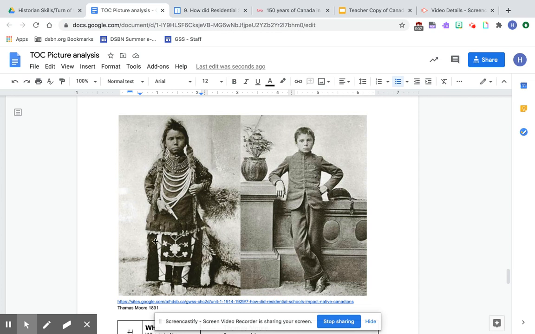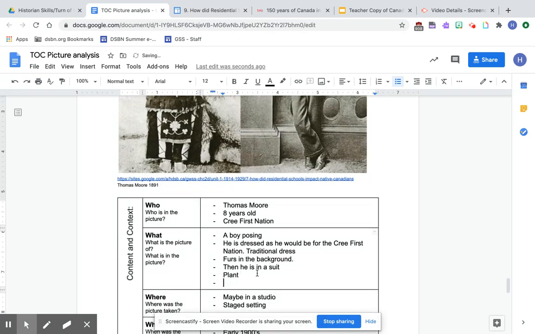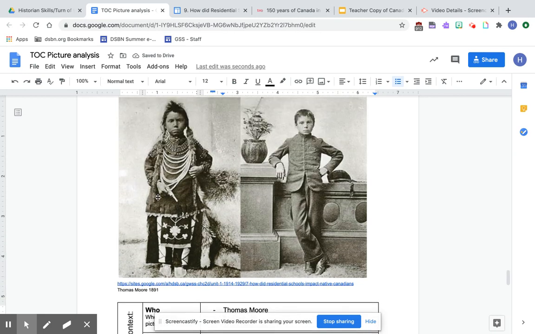We see before. We see Thomas More in traditional First Nation Cree dress. If you look closely, he's actually holding a gun, so we can add that into what's in the photo. So we see the before.